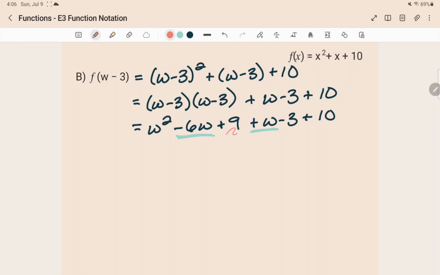I also have some constants to combine. I have a positive 9, a negative 3, and a positive 10. So altogether, I have a w squared, a negative 6w and a positive w make negative 5w, and a 9 and a negative 3 make 6, plus 10 is 16.